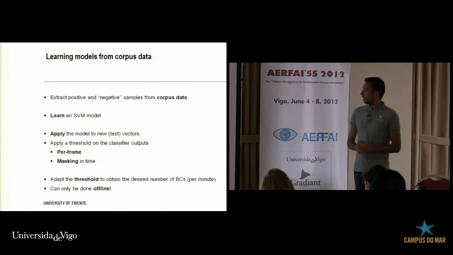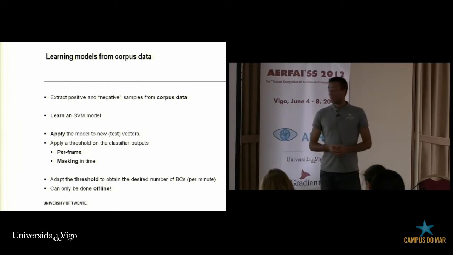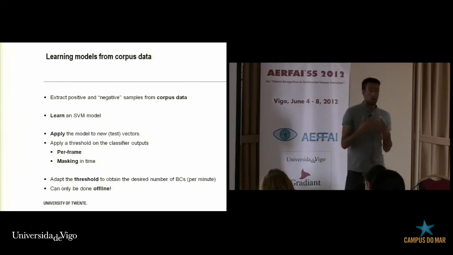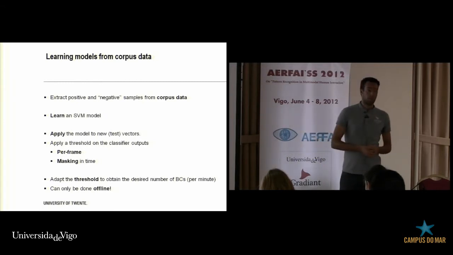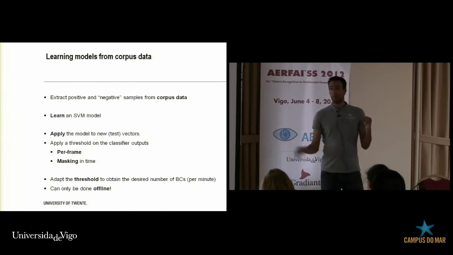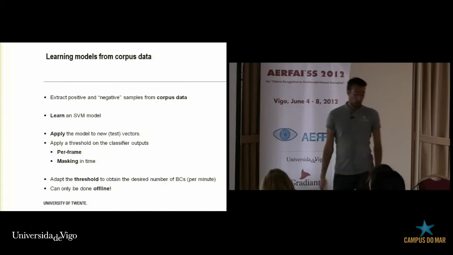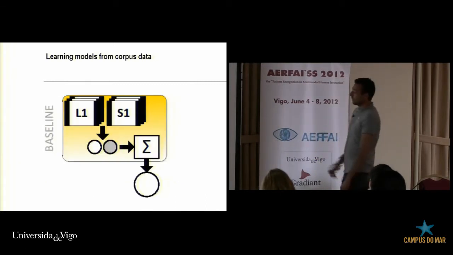One of the things is that we should adapt the threshold to obtain the optimal number of back channels. Our constraint was that it was fixed, and we do this only offline. That's the only way we can say that with this threshold we get exactly 8 back channels per minute. So the baseline model looks like this.